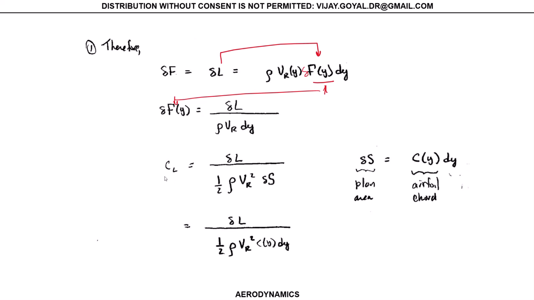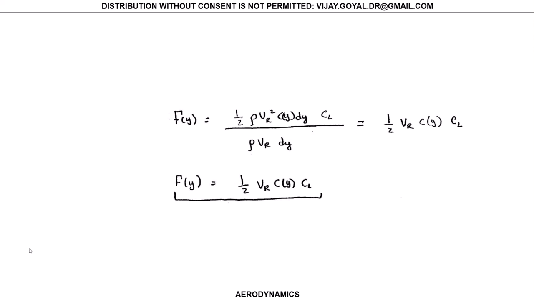And this right here, if I divide this side by one half rho V squared S, where S is equal to this, then you can show that your coefficient of angle of attack is equal to this nice equation right here.